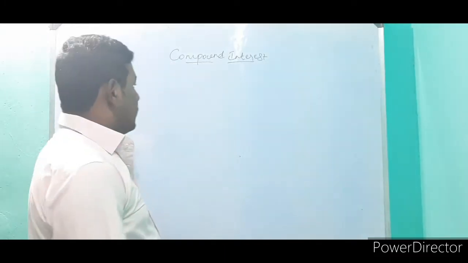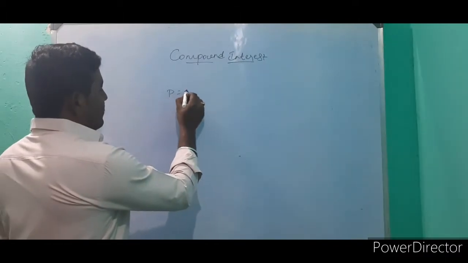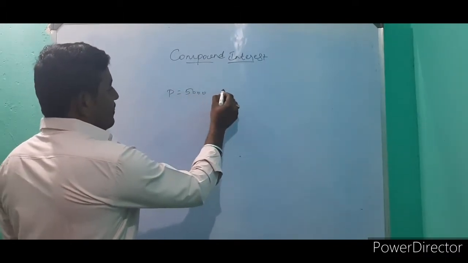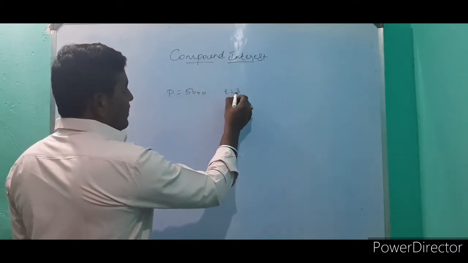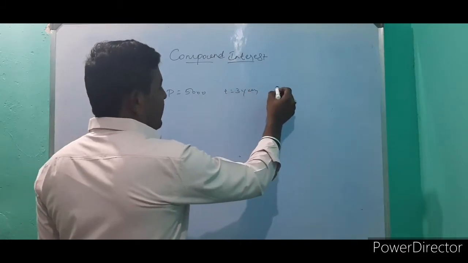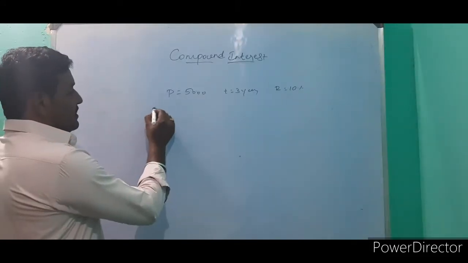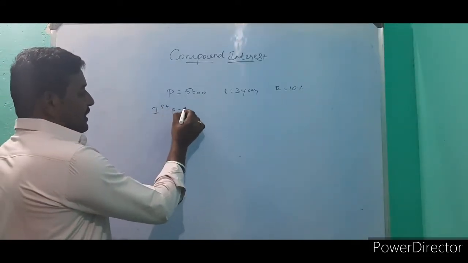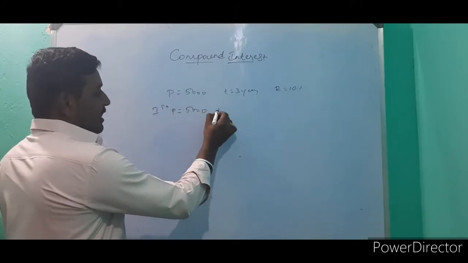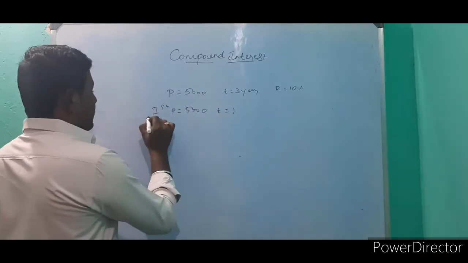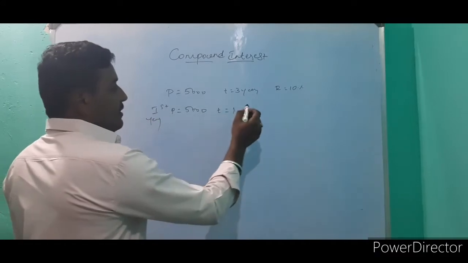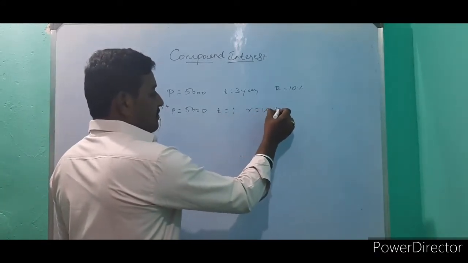Suppose the principal is 5,000, time is 3 years, and rate of interest is 10%. For the first year, P is 5,000 only, time 1 year, rate of interest 10%.